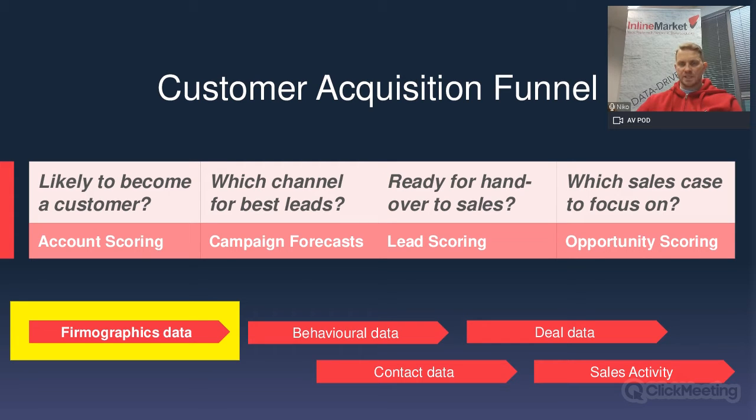And today we just look at the very basic company data, enriched with quite a few additional data sets.